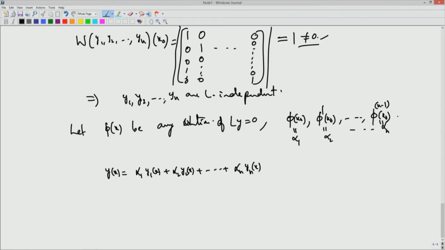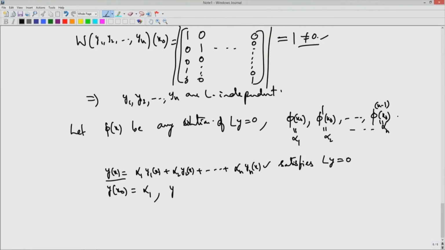Then what happens to y at x naught? So, this linear combination satisfies Ly equal to 0. So, what are the initial conditions? y at x naught is alpha 1 times y1 at x naught, which is 1, and y1 dash at x naught is 0. Okay. So, you will have only alpha 1. If I calculate its derivative y dash, I have alpha 1 y1 dash plus alpha 2 y2 dash, and y2 dash at x naught will be 1.